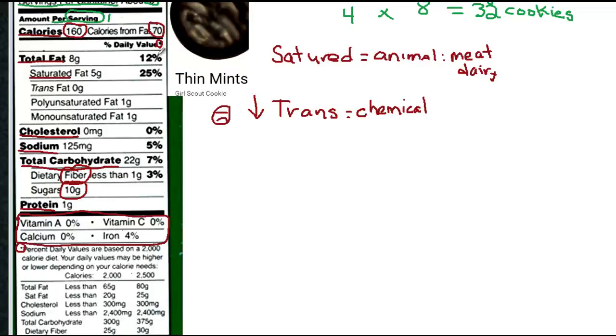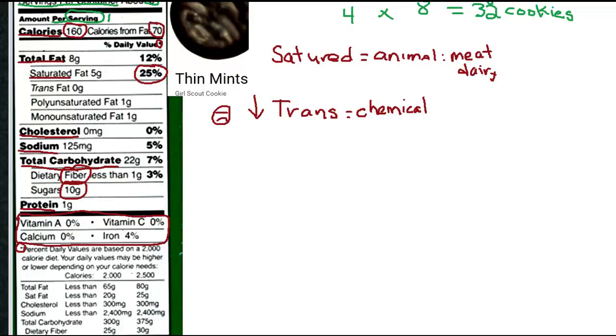Interestingly, those 4 cookies also represent 25% of the total saturated fat that you should be eating during a day, or that's recommended during a day. So that's the nutrition label. We can get a lot of information off of it to help you think about the kind of food you want to eat and things like that.